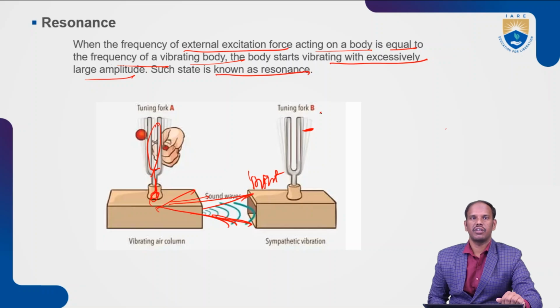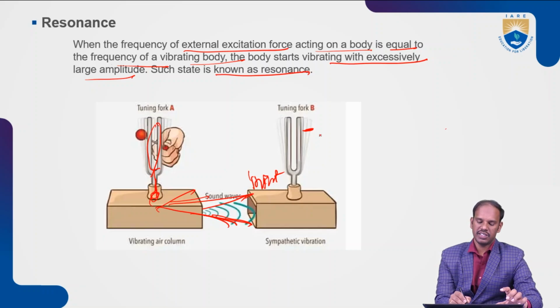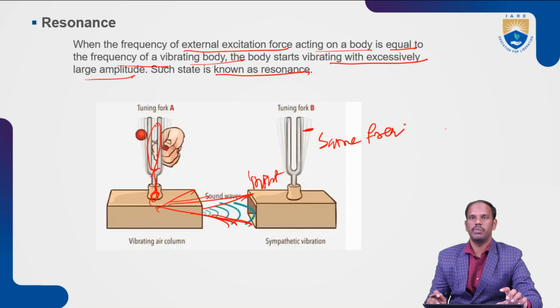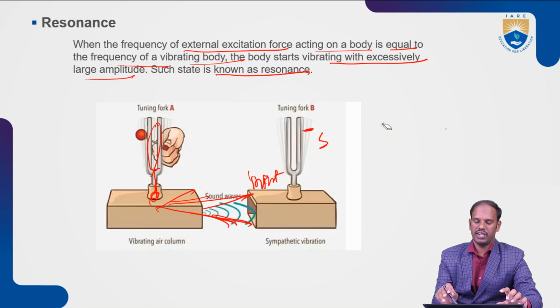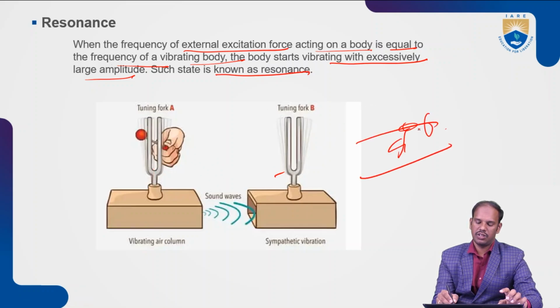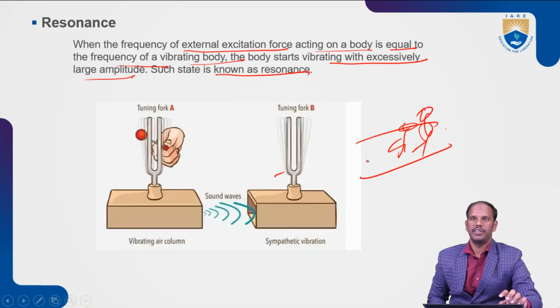So the second tuning fork will automatically vibrate with the same frequency, and we can see that resonance has occurred. With the Tacoma bridge, we can see a parade also happened with large vibrations, and we can see the bridge collapsed.